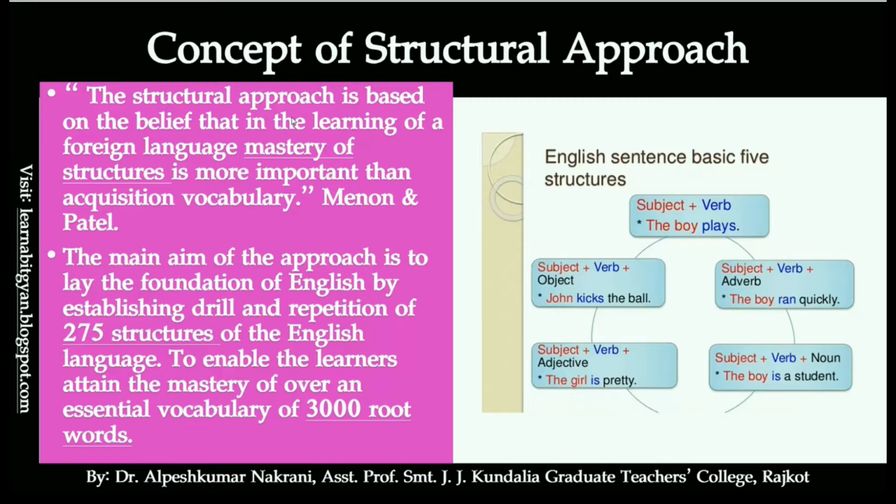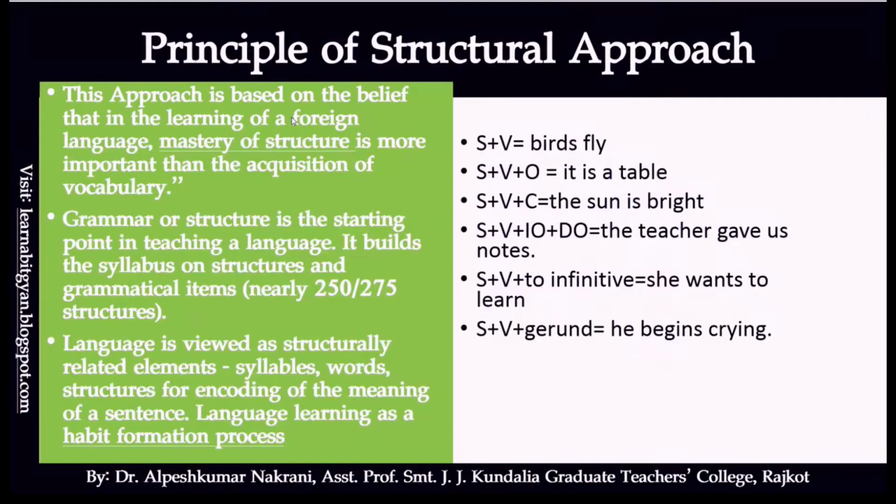You see, people believe that there are more than 275 basic structures in the English language. So the approach believes that if you want to learn a language, you should get mastery over the structures, different types of structures.